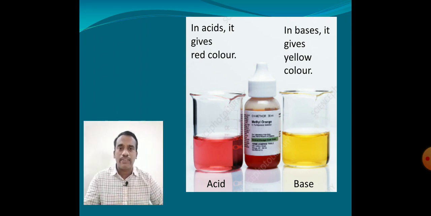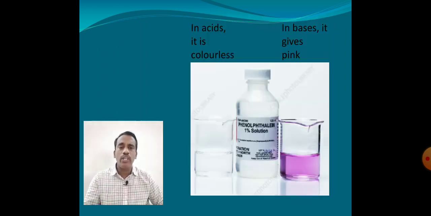Let us take the next one that we had called phenolphthalein. In the middle I had placed the phenolphthalein bottle. Now I didn't label the two bottles that I had placed to the left of it and to the right of it. But if I drop the phenolphthalein in a solution that we don't know is acidic or basic, if it is acidic, the phenolphthalein remains colorless only.